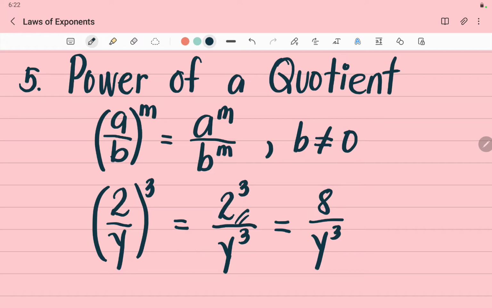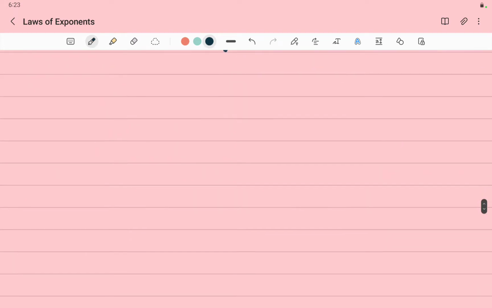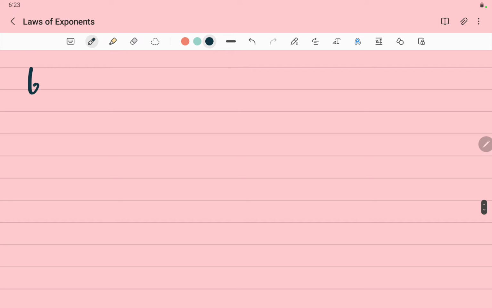Can you notice now the pattern, students? Okay, very good. We will distribute the exponent to the numerator and to the denominator, because this is like a fraction form. Yes? Okay, very good.